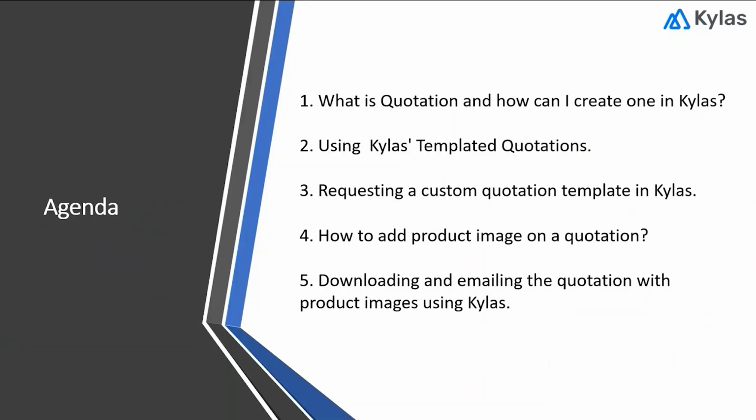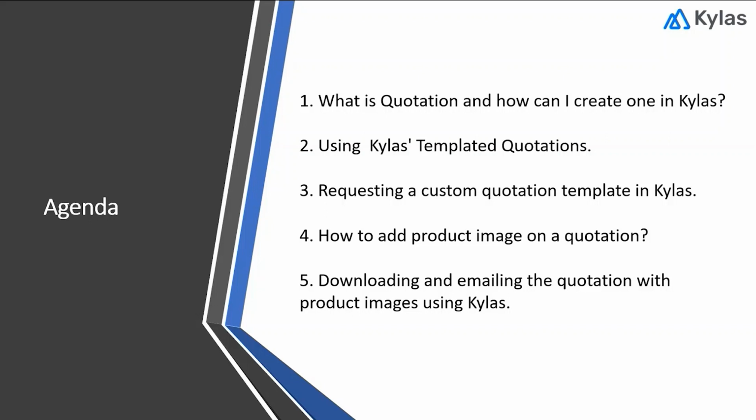So to start, we saw what a quotation is and how a quotation can be created in the Kylas system. Then we also saw, using the Kylas template, the quotations that are available. That is the basic and modern. There are a few available formats for you once you install the application.